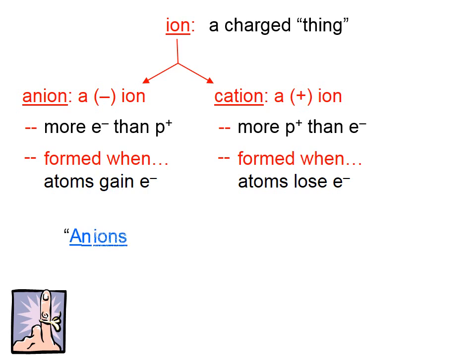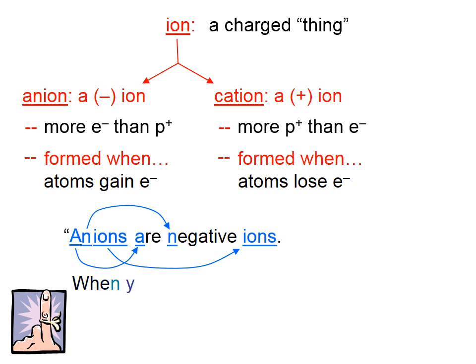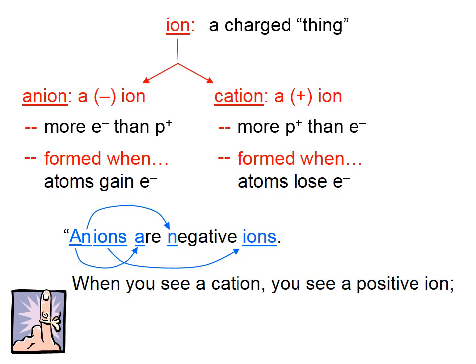So here are a couple of mnemonics that might help you remember that anions are negative ions and cations are positively charged. You can see the word anions right there are negative ions. So that might help you remember that anions are negative ions.